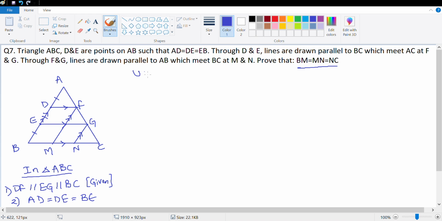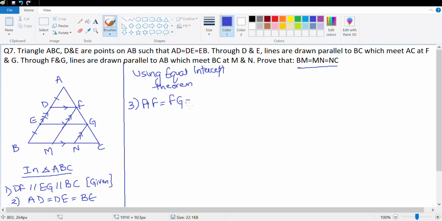So using equal intercept theorem, these are three parallel lines, and it is making equal intercept, which means the intercept on the other side will also be equal. What we get is number 3, which means AF is equal to FG equal to GC. Perfect. Now let me mark them. AF is equal to FG equal to GC.